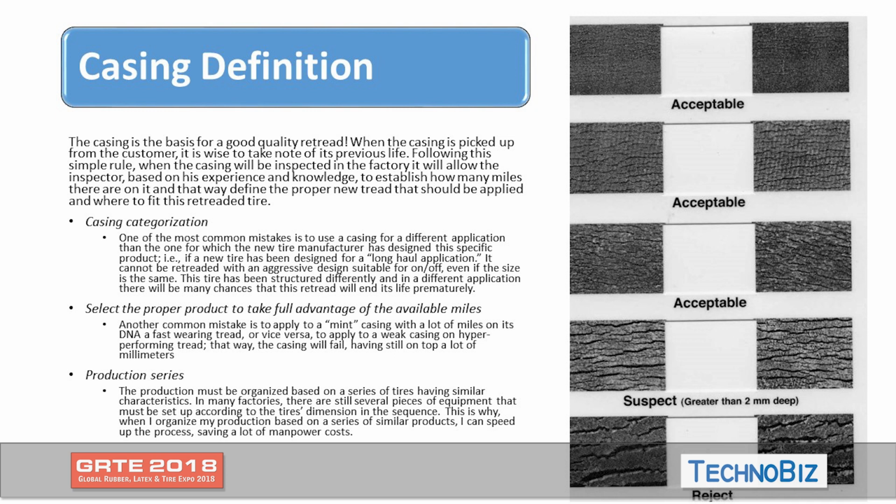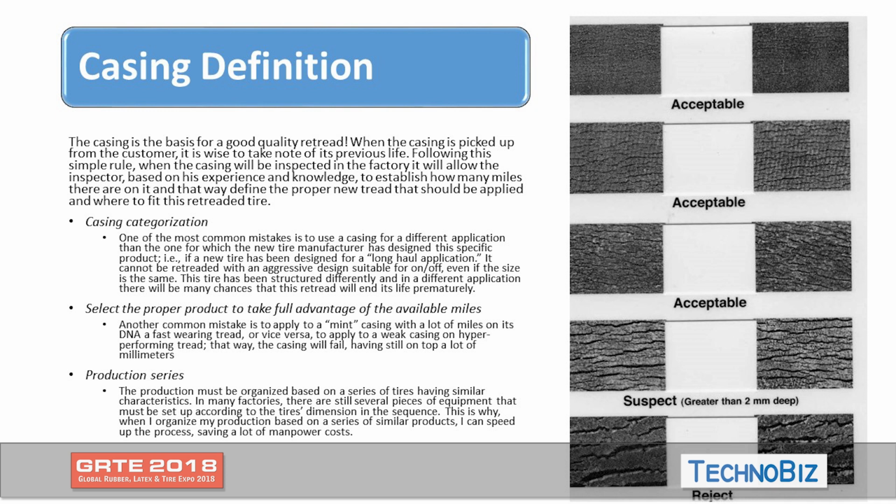As well, we can have a casing that has in its DNA more than 300,000 miles still available, and I put on a cheap tread that just gives me 50,000 or 80,000 miles. This is still wrong. Another important consideration regarding casing categorization is that each producer of new tires produces specific tires for a specific position or a specific application.